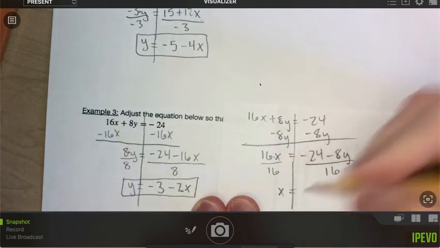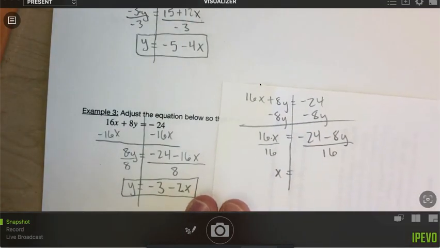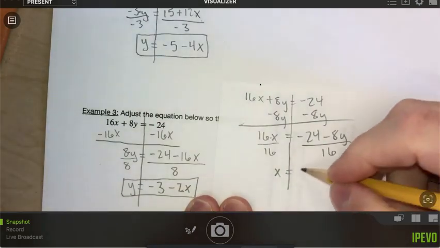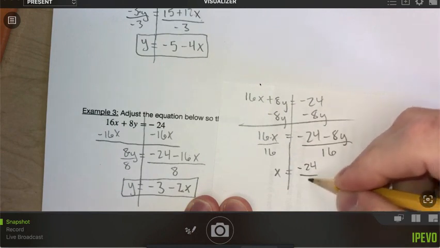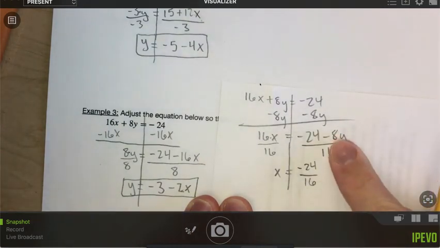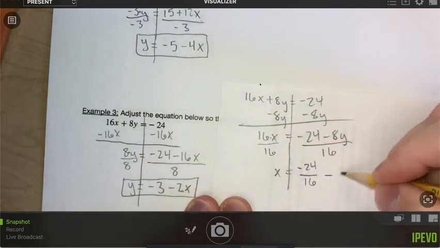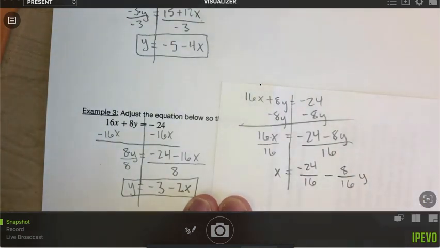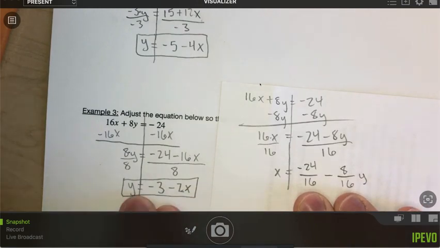There's nothing wrong with this, but 24 can't be nicely divided by 16, and so that would result in the fraction negative 24 over 16, and 8 can't be divided by 16 nicely, and so that would be this fraction. So this is a heck of a lot uglier than the opposite version.